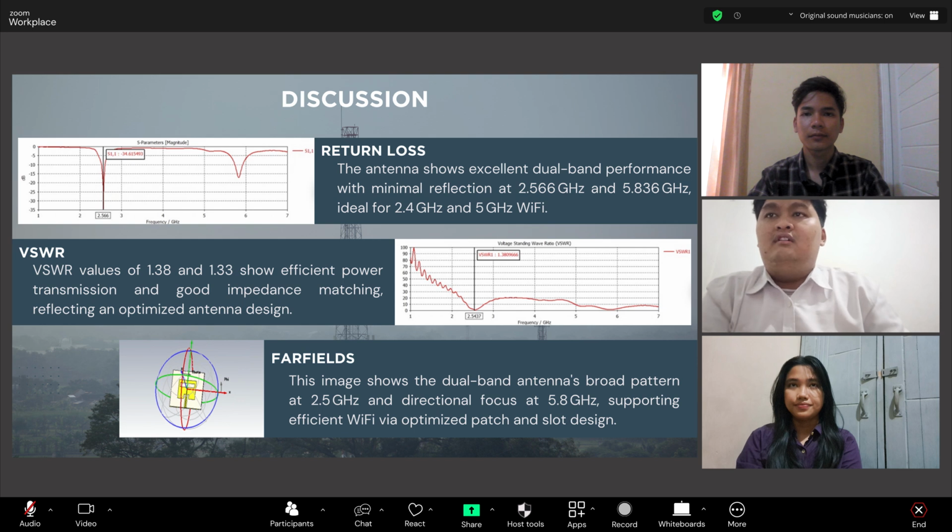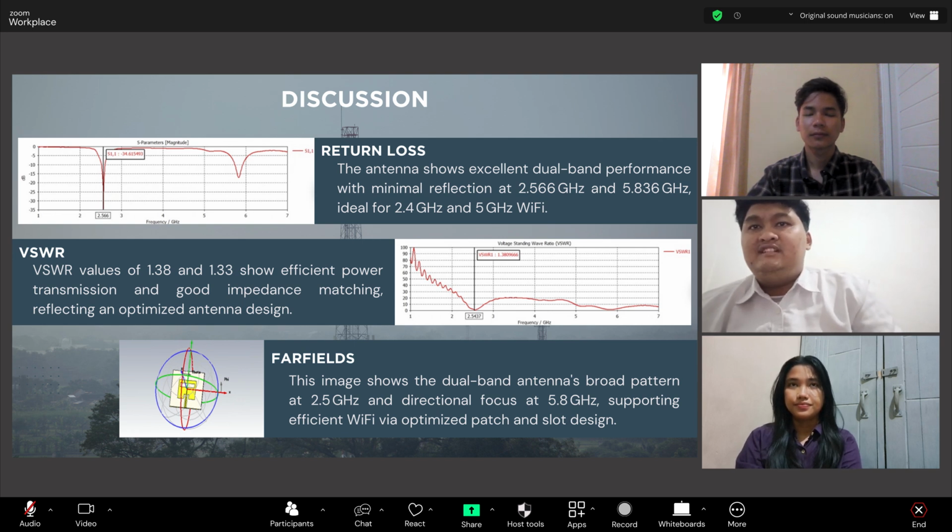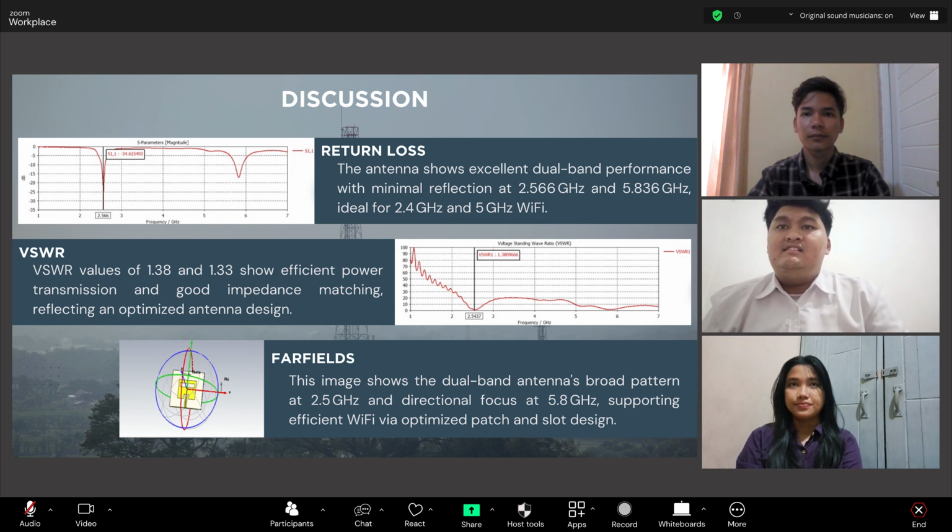Discussion 1. Return loss. Here, the antenna achieves optimal performance with a return loss of negative 34.615 decibels at 2.566 GHz and negative 17.06 decibels at 5.8361 GHz.